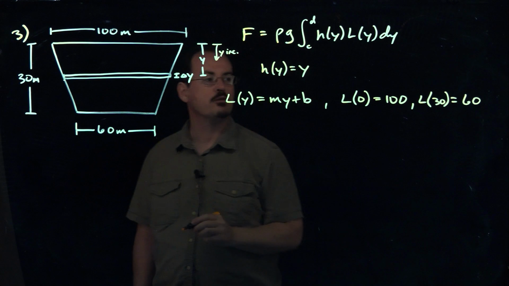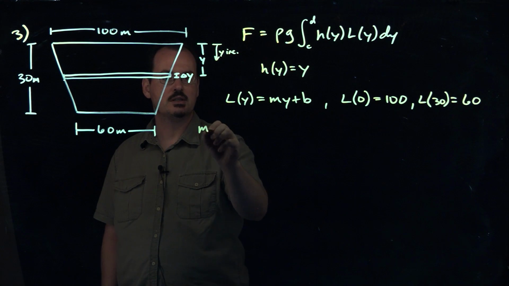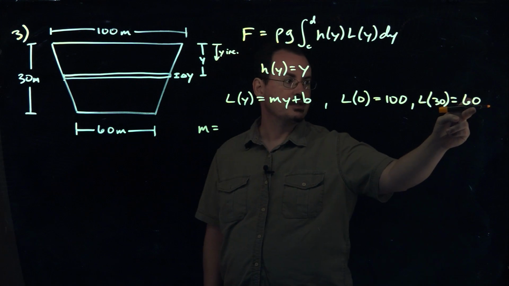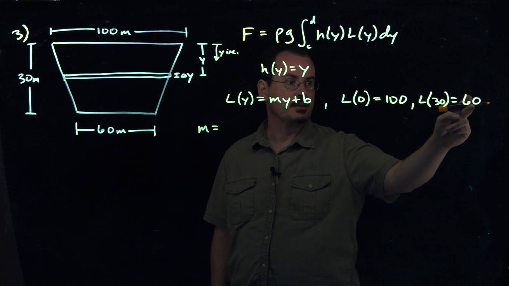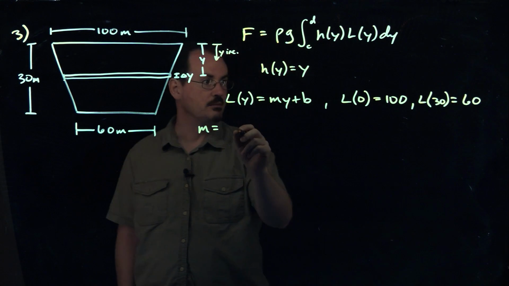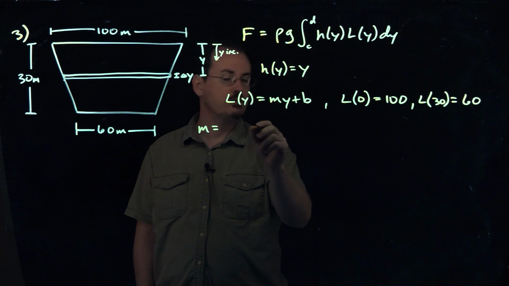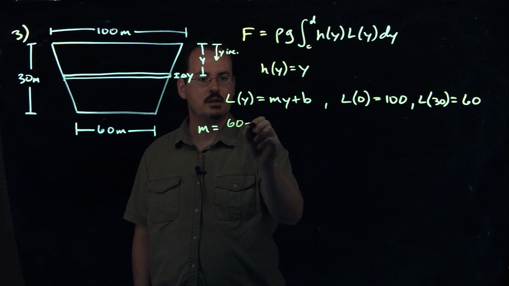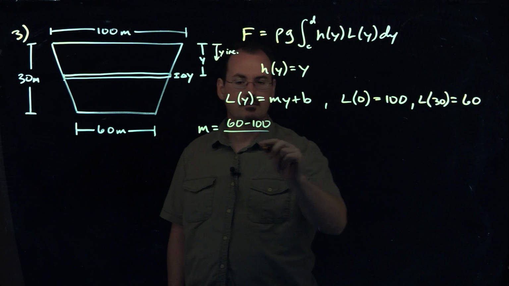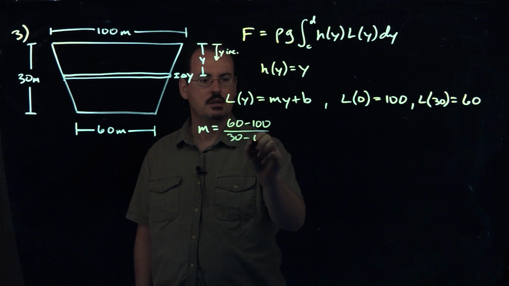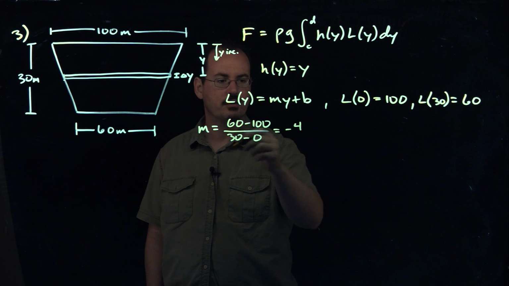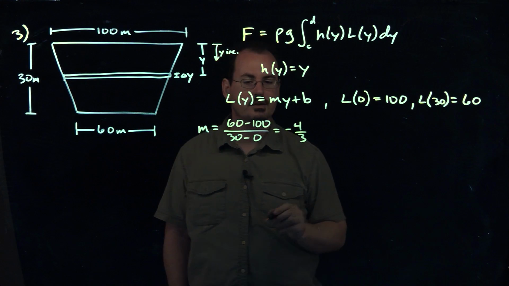We can use that information to figure out the slope of this linear function. The slope is L2 minus L1 over y2 minus y1: 60 minus 100, divided by 30 minus 0. That's negative 40 over 30, so negative 4/3.